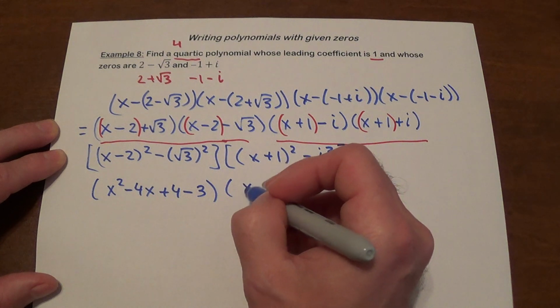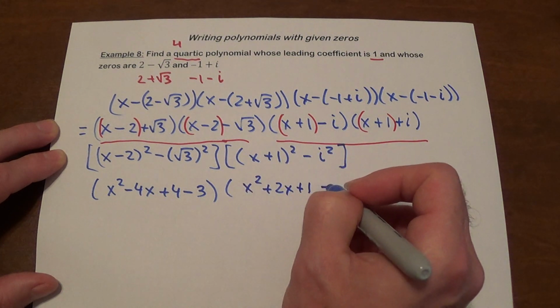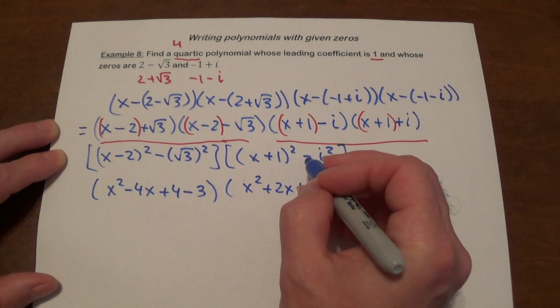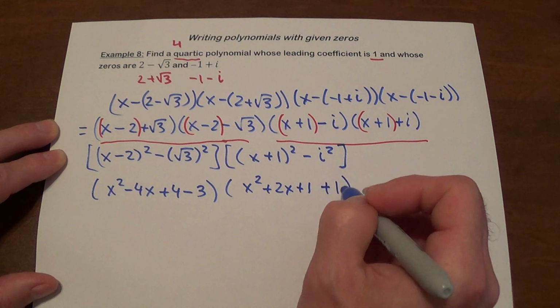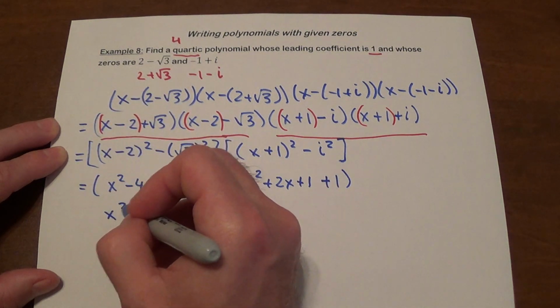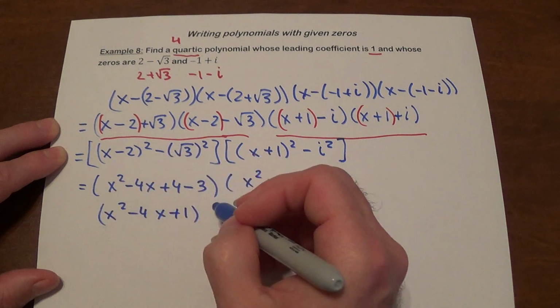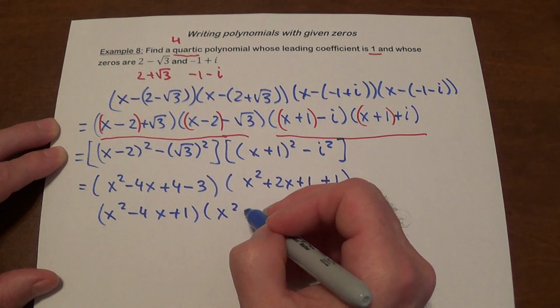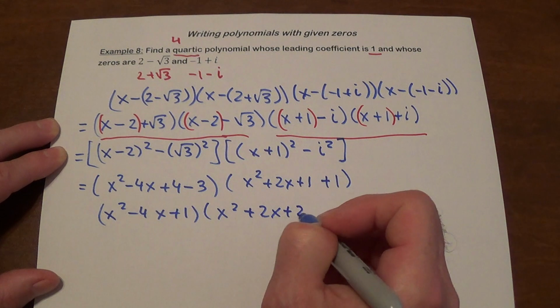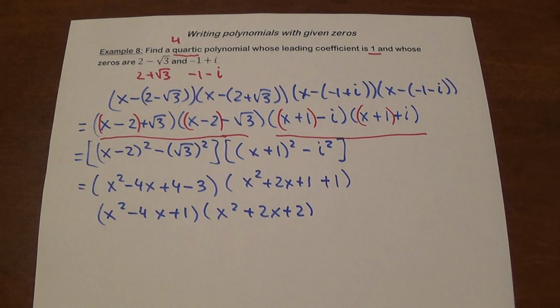Here we're going to have x squared plus 2x plus 1. i squared is negative 1, minus negative 1, so plus 1. That's going to take us to x squared minus 4x plus 1. This one is going to give you x squared plus 2x plus 2. And all we need to do now is multiply them, and you are almost done.